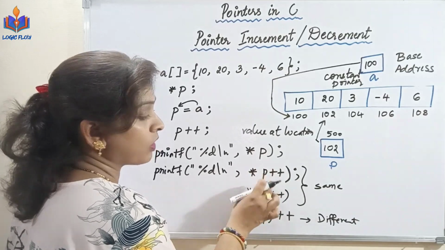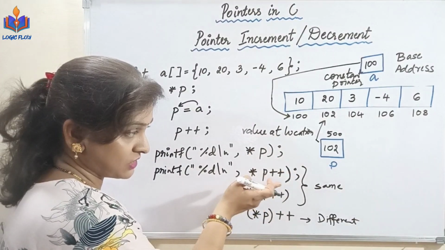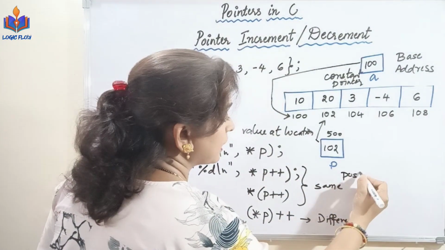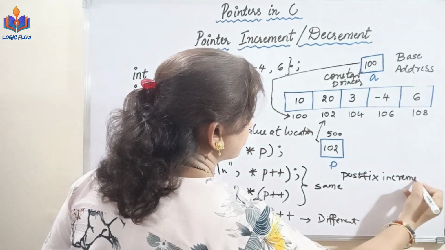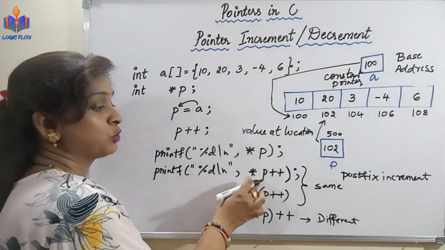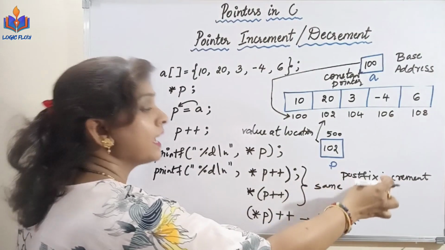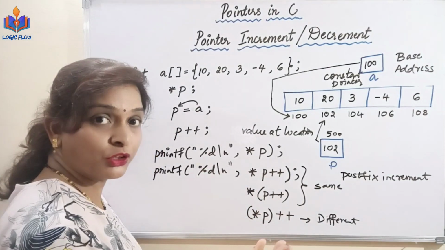Just observe what kind of increment operator it is. The operator is next, so it is postfix increment, that I am using with respect to the pointer. So postfix increment and asterisk, according to the operator precedence.